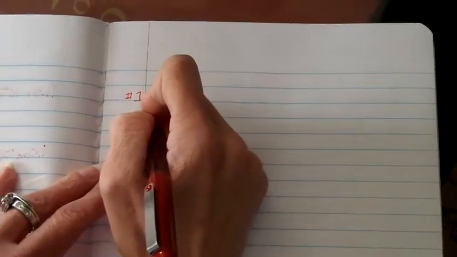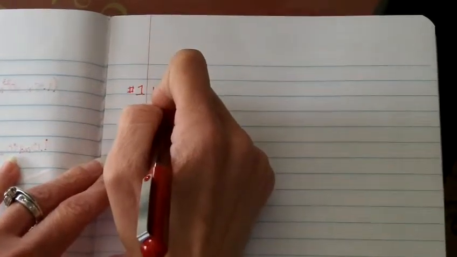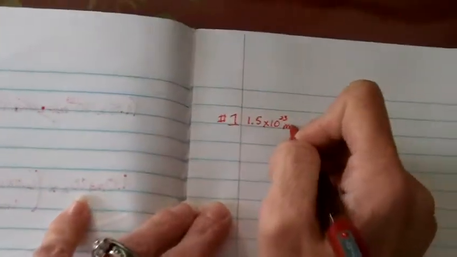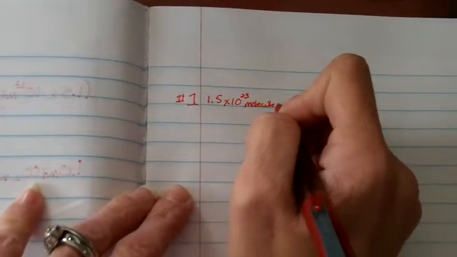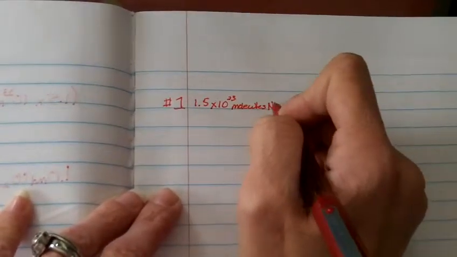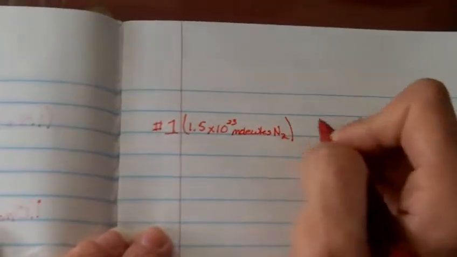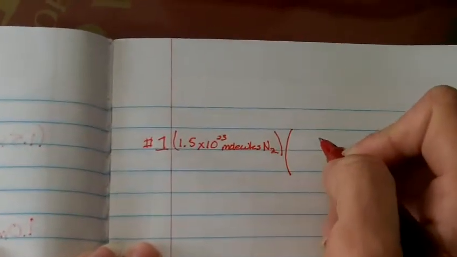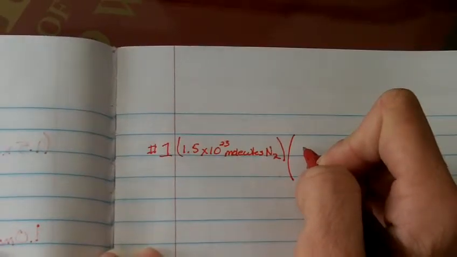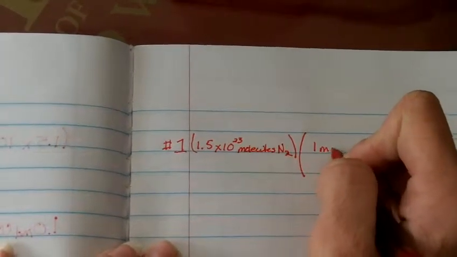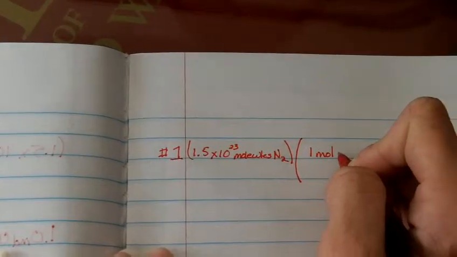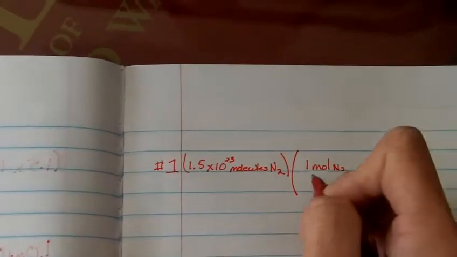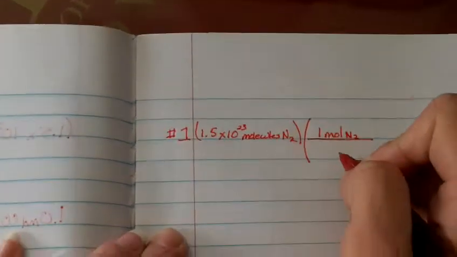Number 1, we're going to begin with what we're given in the problem, 1.5 times 10 to the 23rd molecules of nitrogen gas, which is an N2. That's one of our diatomic elements. We're multiplying that by 1 mole. We're trying to get to moles of N2. Moles is going to be on top.